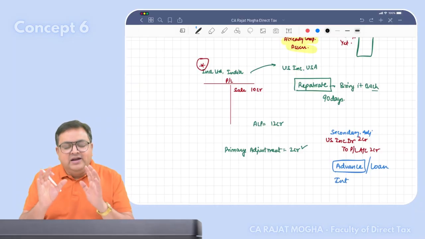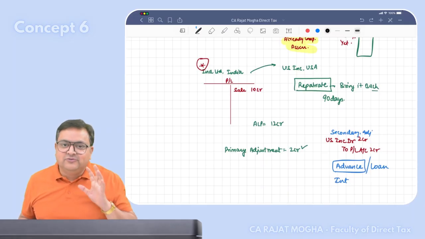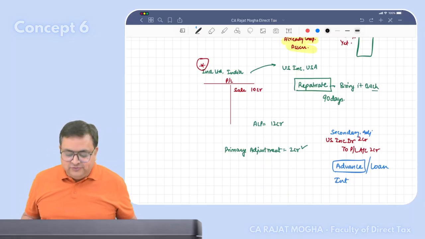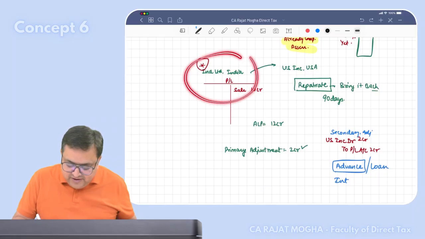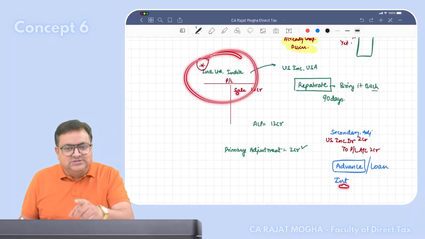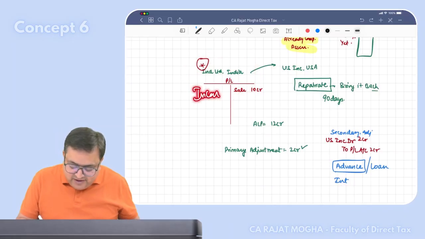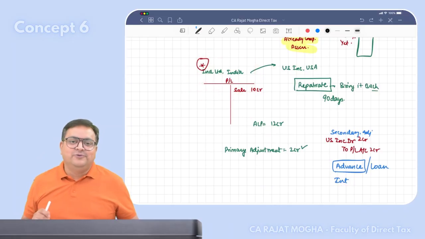At what rate? I'll tell you. Interest rate is also defined. And whatever interest you have to charge will also become your income. We will take that interest portion also.